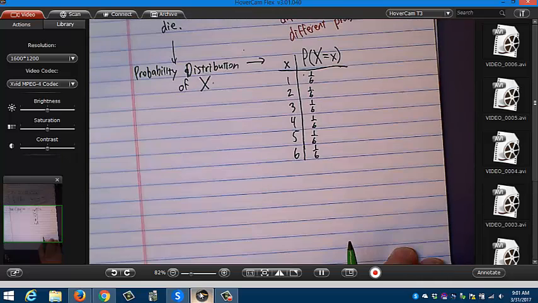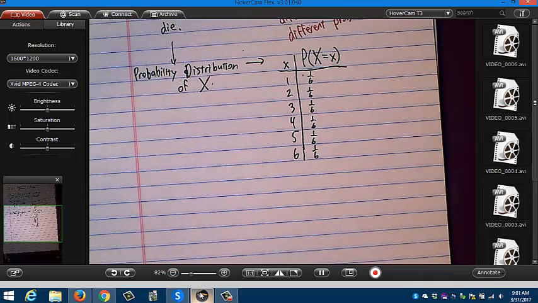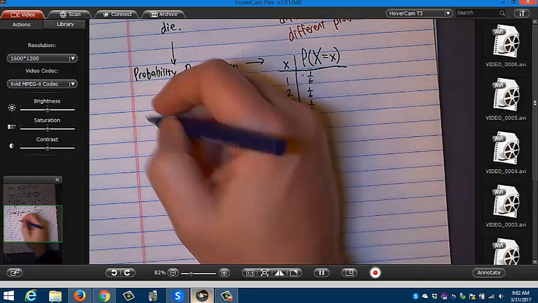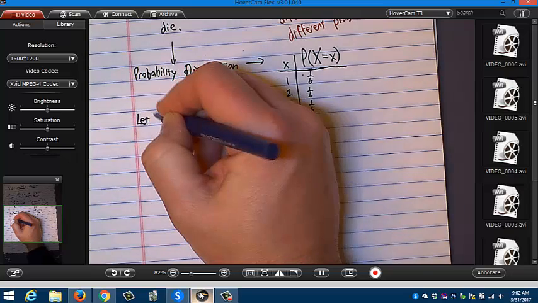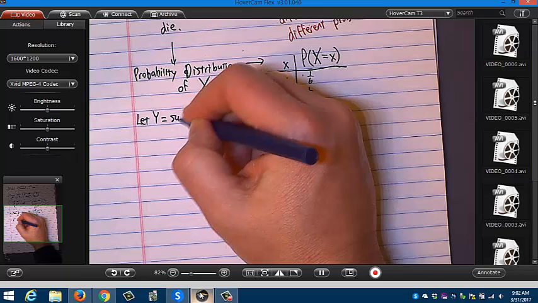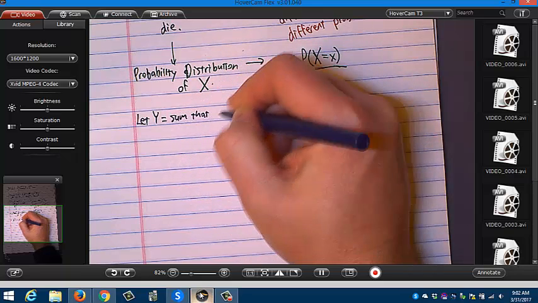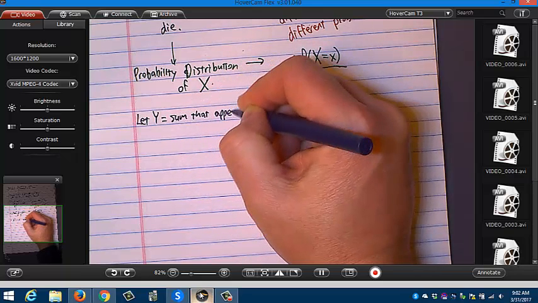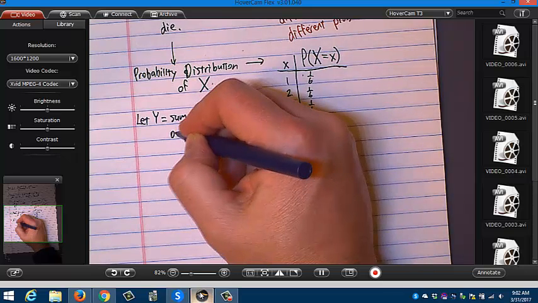A better example would be the following. Let's let Y be the sum that appears on 2 dice.